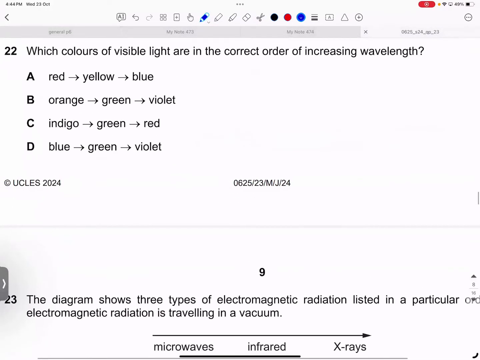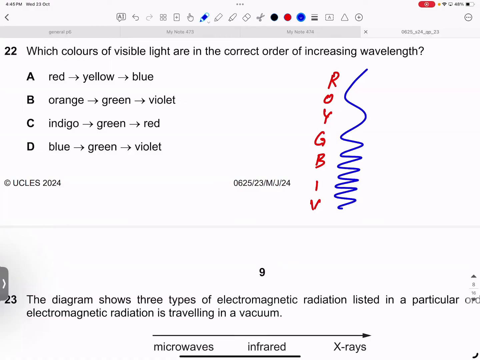Which colors visible are in correct order of increasing wavelength? Don't write. What's the correct order? ROYGBIV. Up is increasing wavelength.